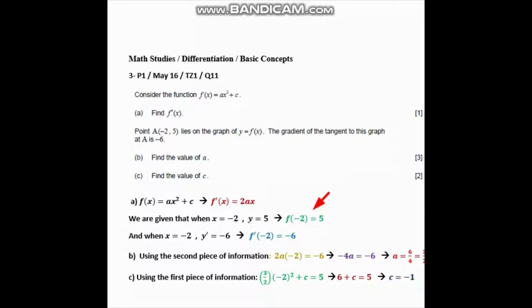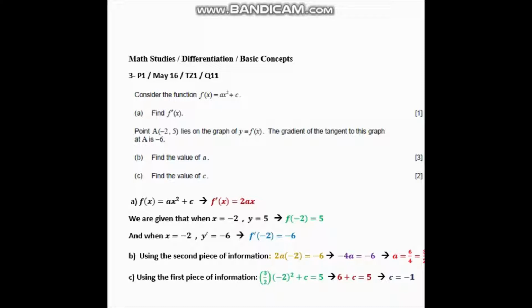Now, f of negative 2, as we said, means that I'm going to substitute the x with negative 2 in the original function. But the addition here is that now I have the value of a, which is the 3 over 2 I got in the previous question. So I'm just going to rewrite f of x, but with my new information.